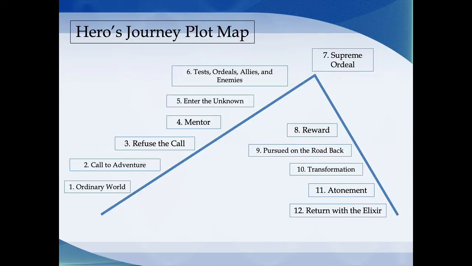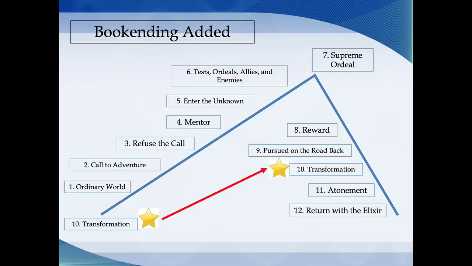So to layer that onto our hero's journey that we've been talking about all the time, here is that hero's journey plot map. There are the 12 steps that we continue to talk about. And here is the idea of adding a bookending moment. So perhaps, from the bottom left, you see some scene where the character has accomplished something.